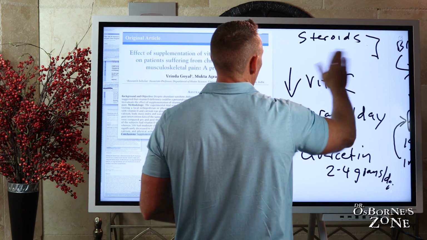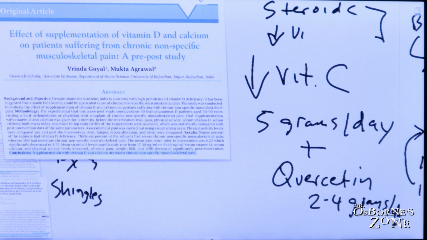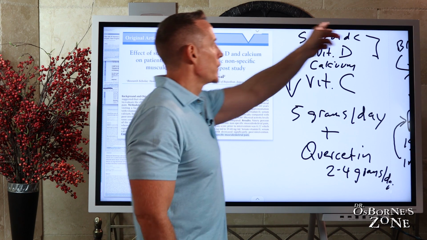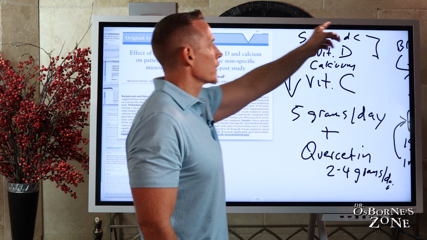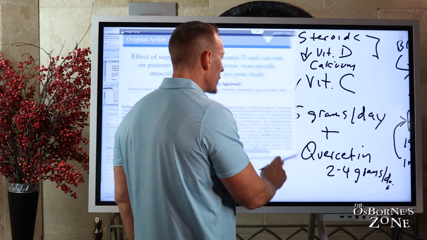Not so much NSAIDs here, but steroids reduce vitamin D and they reduce calcium. We said that earlier. And here we have research showing that using calcium and vitamin D reduces nonspecific musculoskeletal pain in patients. So if you're being treated for nonspecific musculoskeletal pain with a steroid that's depleting vitamin D and calcium, you could be making the problem worse.